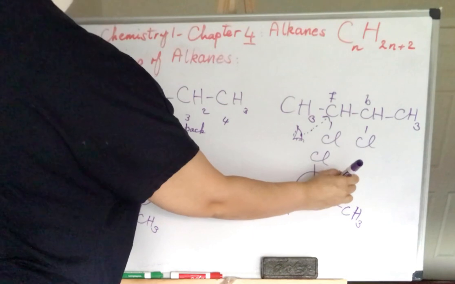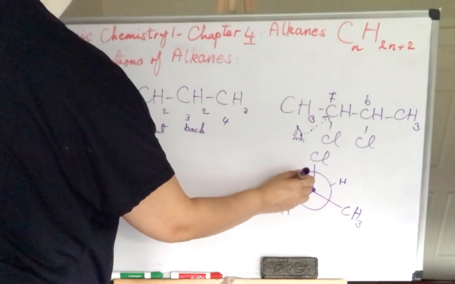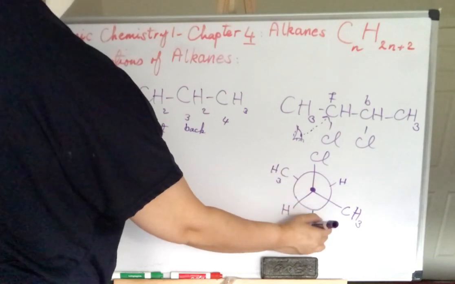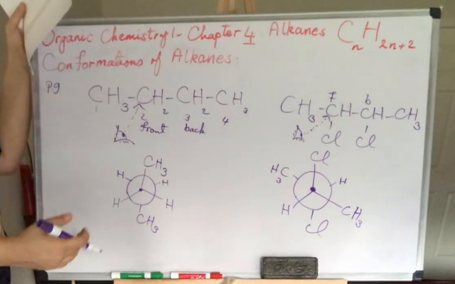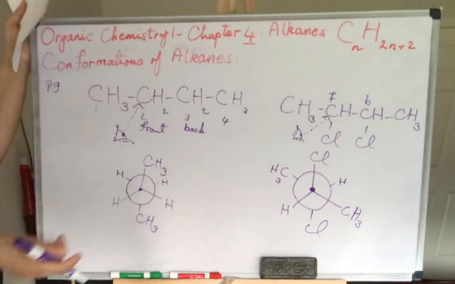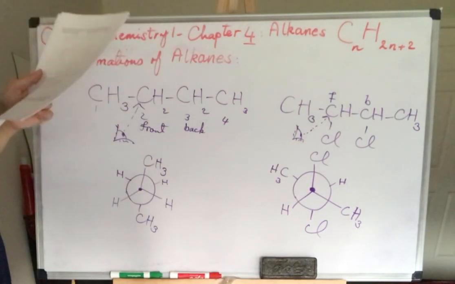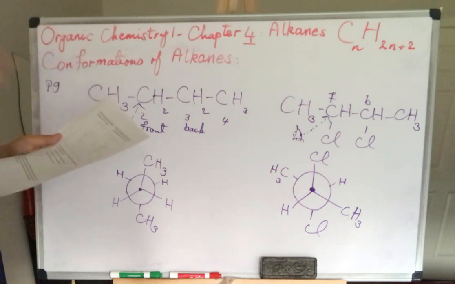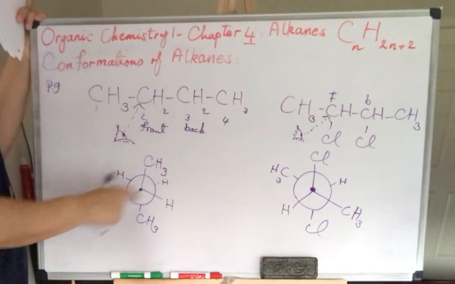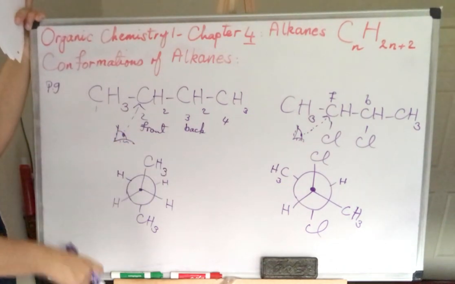I would put hydrogen here, CH3 here, and Cl here. You could have put eclipsed, but I didn't work on the eclipse. I thought it's easier to see it. So, which one of these, by the way, do you think is more stable?